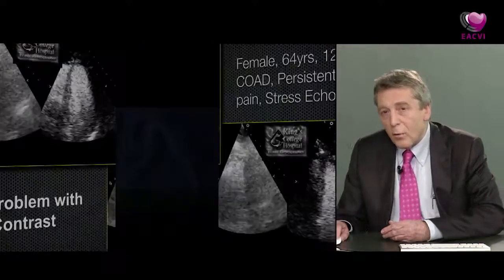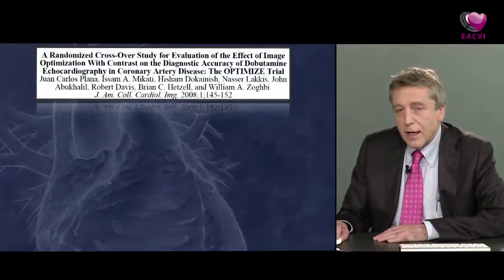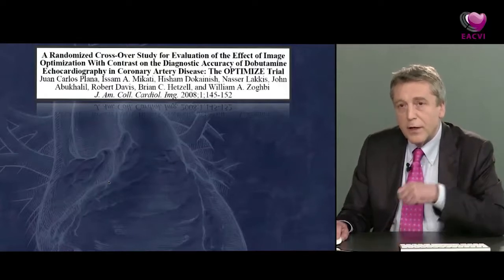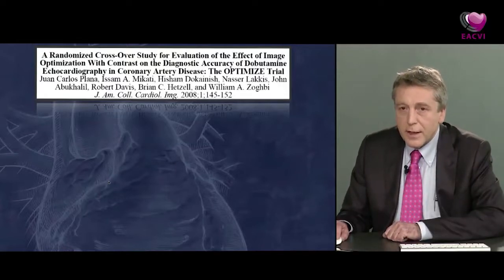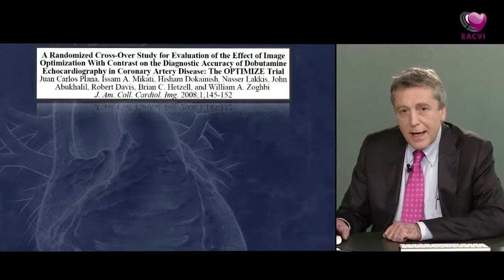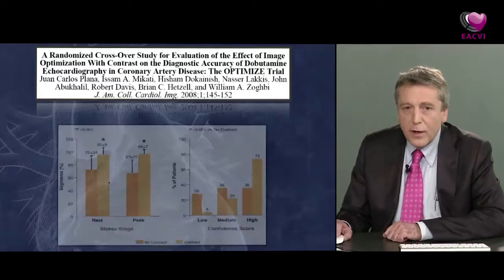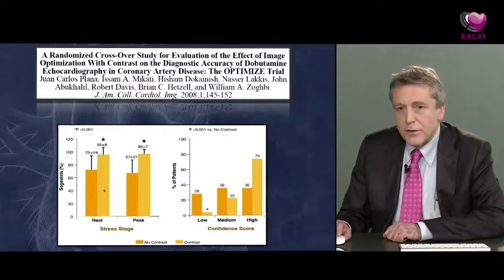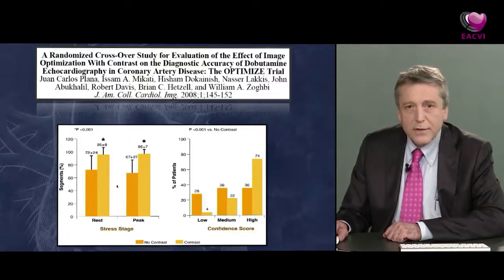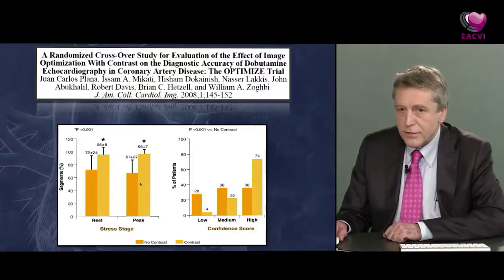Now, these are one of the many, many studies that have been published illustrating the advantage of using contrast during stress echo. This is the OPTIMIZE trial from Bill Zoghbi's group in Texas. As you can see here, if we look at the percentage of segments that are visualized without contrast and with contrast, both at rest and at peak stress, there's a significant increment when contrast is used.